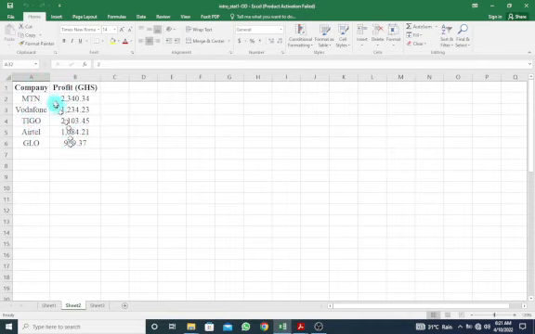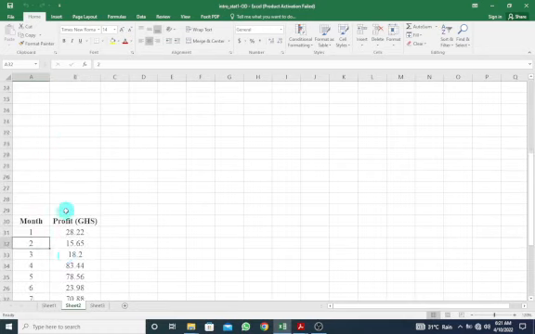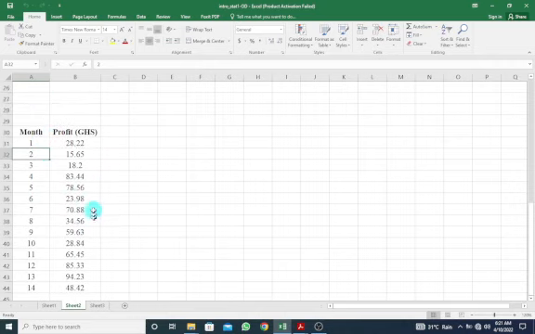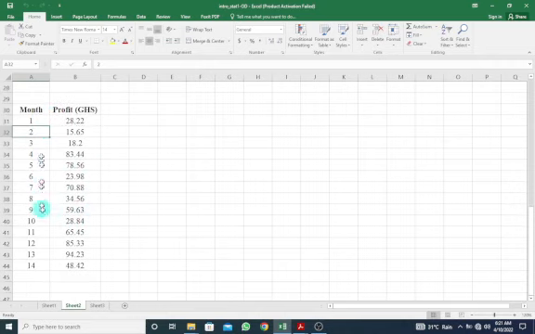Now, what if I want to find the monthly profit, or let's say the daily profit or the weekly profit of only MTN company? Then that's going to give me another type of data set known as time series data. So let me scroll down. Assuming I have this as the monthly profit earned by MTN Ghana in a particular year. So these are monthly profits earned by MTN company.